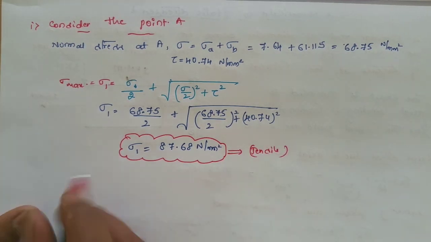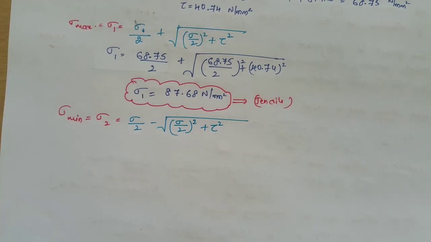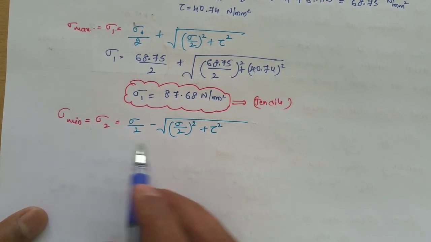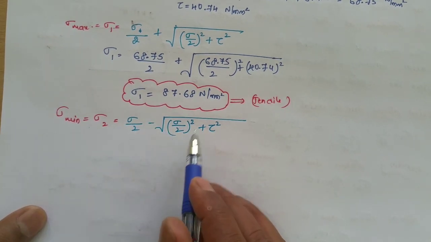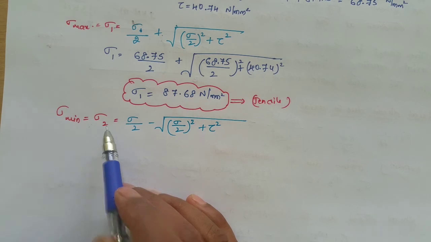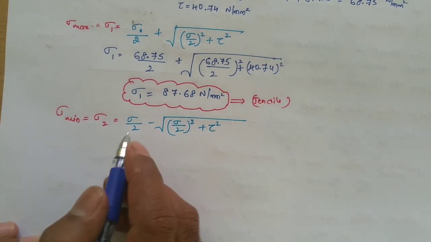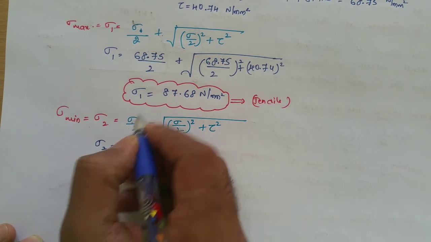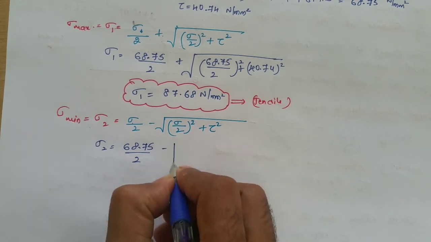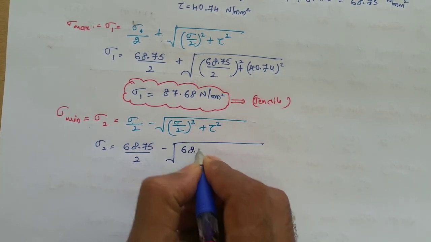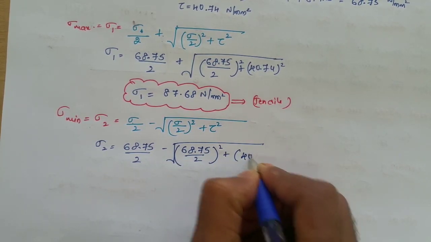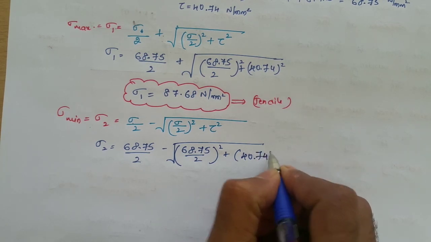Now we calculate the minimum principal stress, sigma 2, which is given by sigma by 2 minus square root of sigma by 2 whole square plus tau square. The only difference is that instead of plus we take minus for the minimum stress. Substituting the values, sigma 2 is equal to 68.75 by 2 minus square root of 68.75 by 2 whole square plus 40.74 whole square.